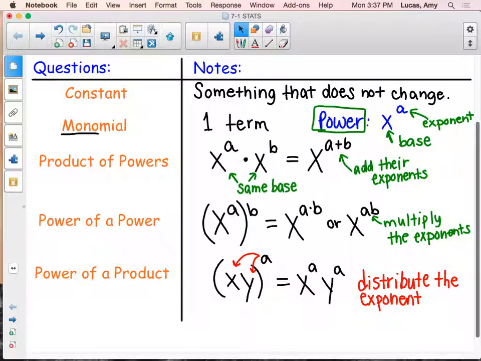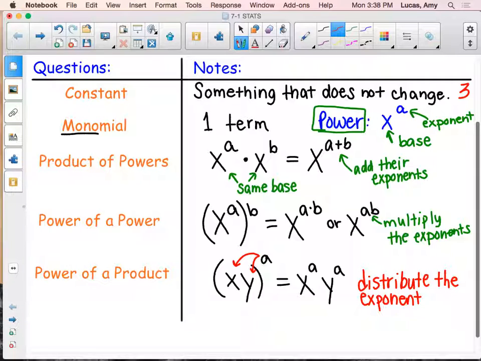All right. So a constant is something that does not change. Like, for example, the number 3. A monomial means one term, just one term. And then product of powers means that if you're multiplying together two powers that have the same base, you can add their exponents. Power of a power means you have an exponent outside of parentheses and an exponent inside.